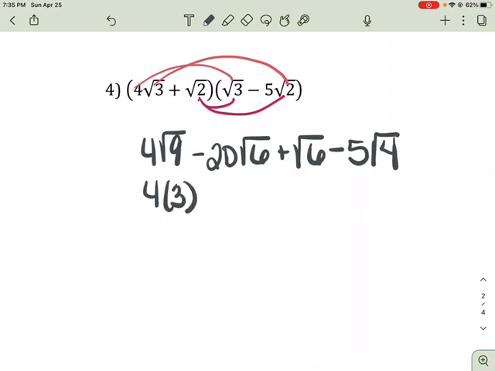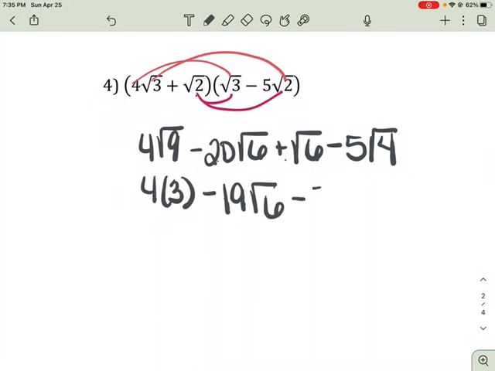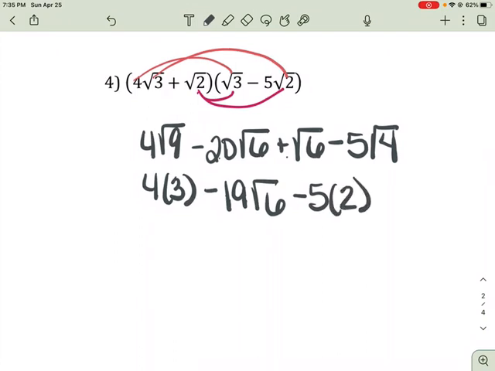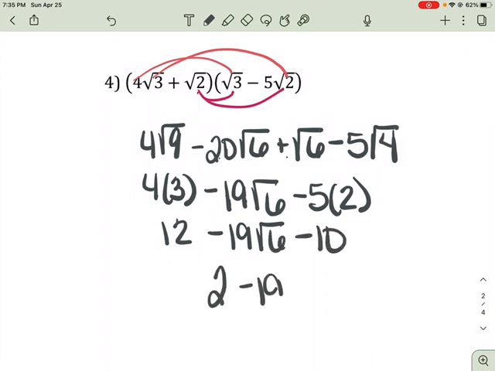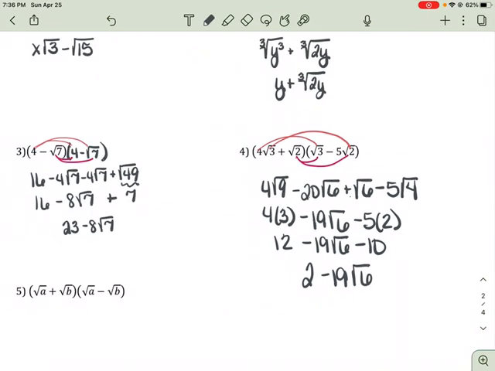Well, the square root of 9 is 3, minus, and then we got 20 plus negative 20, 19 square roots of 6, and minus 5 times 2. So this is 12 minus 19 square roots of 6, minus 10, or 2 minus 19 square roots of 6.